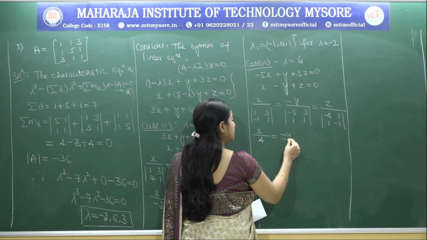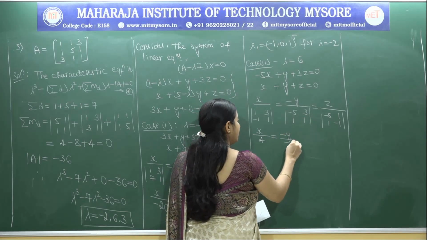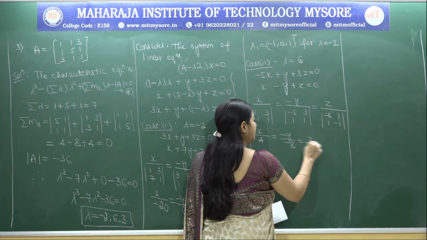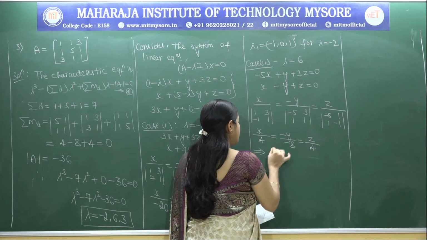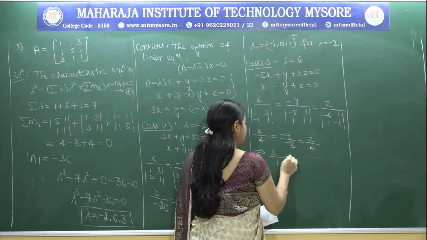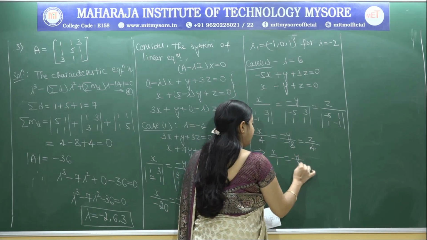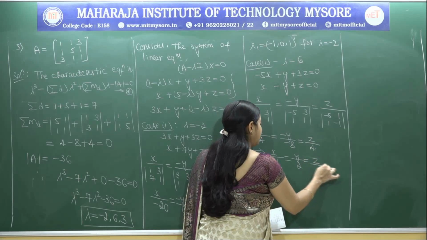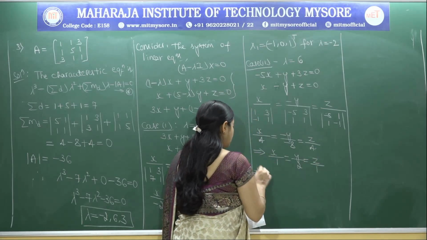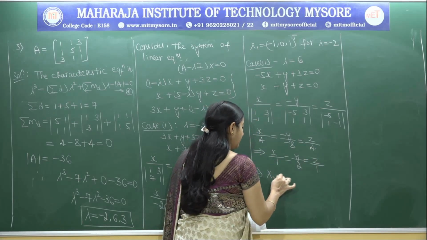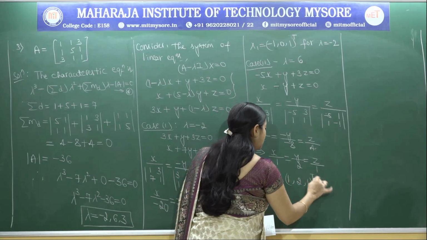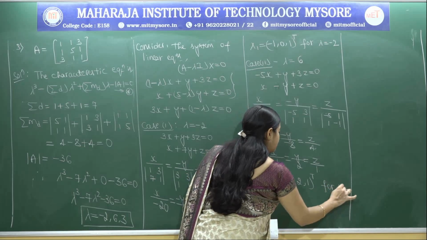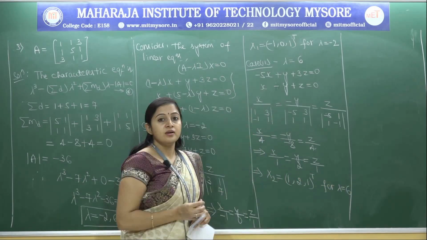Second one, minus 5 minus 3, you will get the minus 8. Third one, it is 5 minus 1, you will get the 4. On reducing this, you will get 1, y divided by 2, z divided by 1. So the corresponding eigenvector, it is 1, 2 and 1 transpose for lambda equals 6.